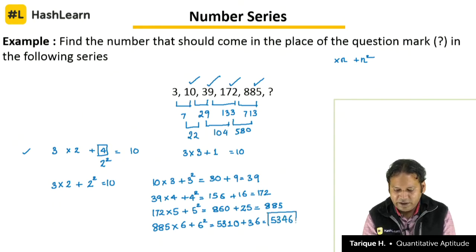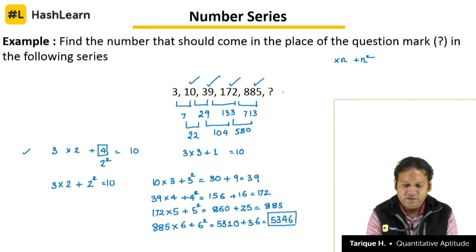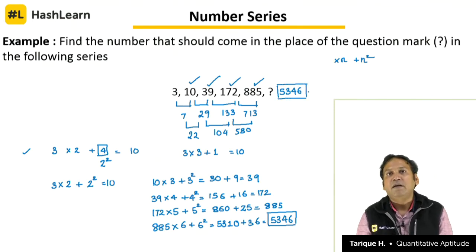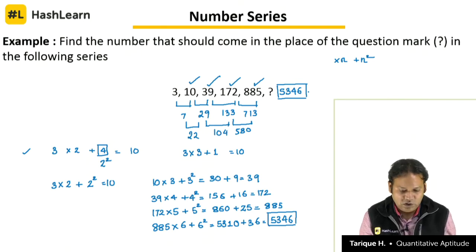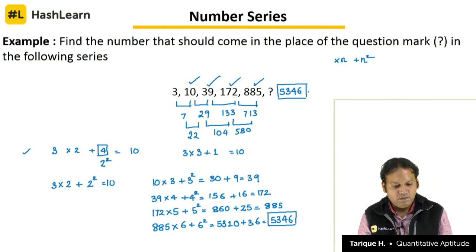What is the number we are getting here? 5, 3, 4, 6. So now you see what we mean by advanced level questions in examination. 5, 3, 4, 6 is the number that should come in the place of the question mark.